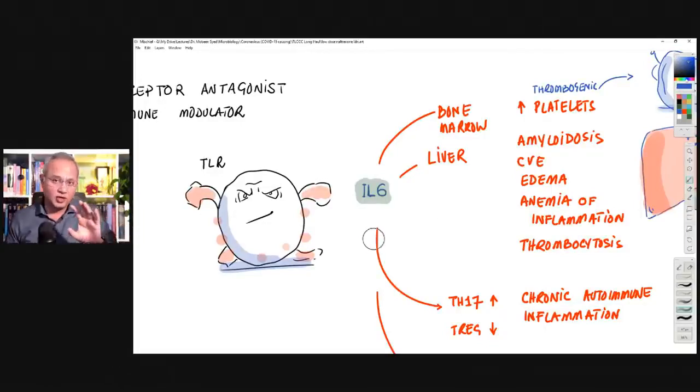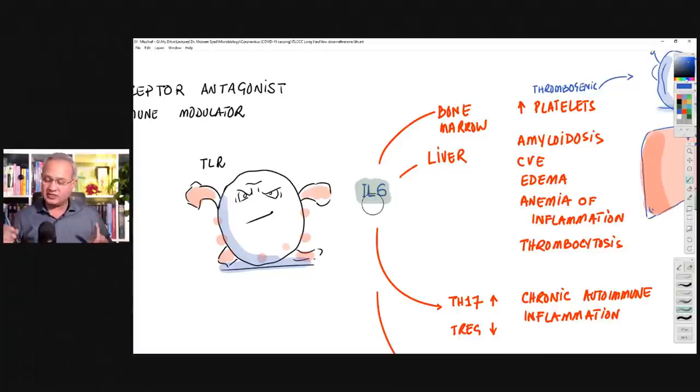So now, what does interleukin 6 do? Now we're not talking about the drug, we're talking about the molecule that this drug reduces. So let's look at the damage by this molecule. Now remember, interleukin 6 is actually a good thing. It helps us during the fight and war with the pathogens. It helps us during the inflammation.